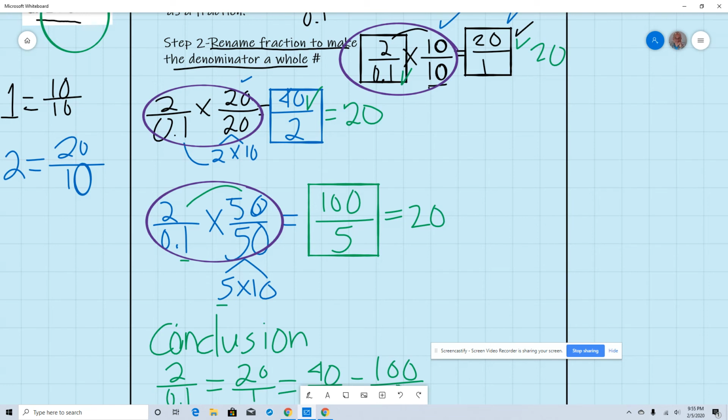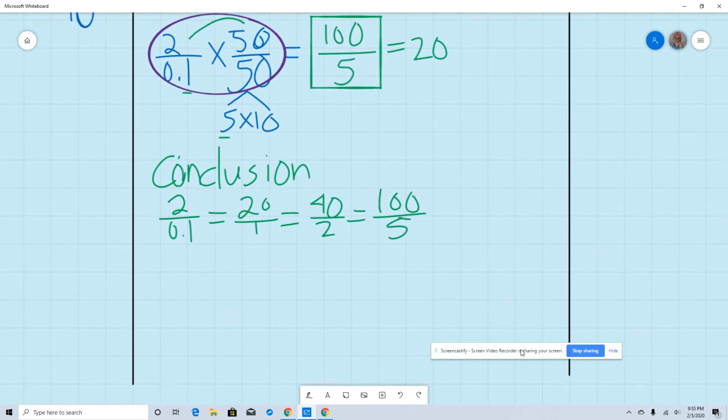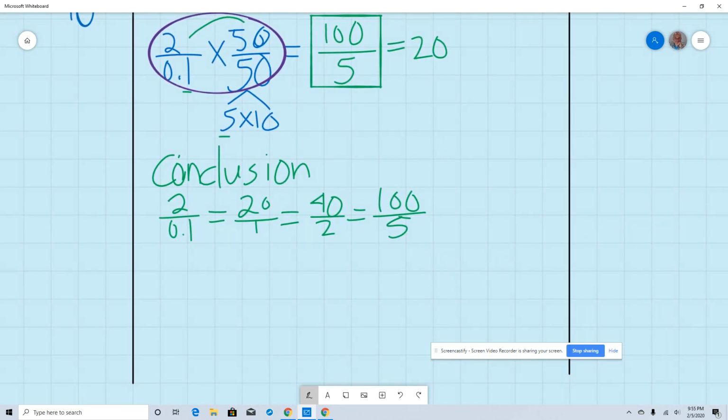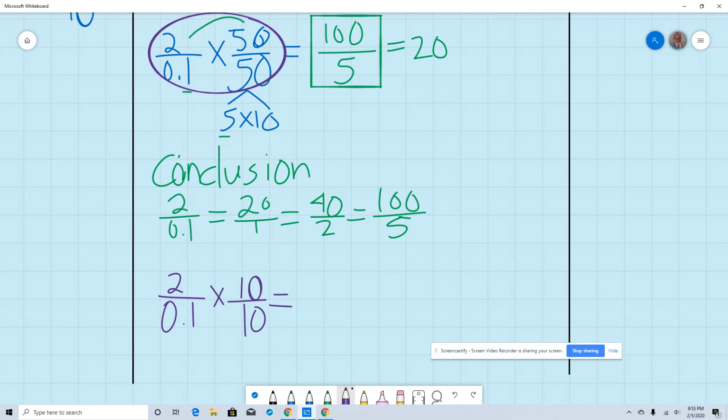Here is the other conclusion: 2 multiplied by 10 tenths equals the same thing as 2 and 1/10 multiplied by 20 over 20.